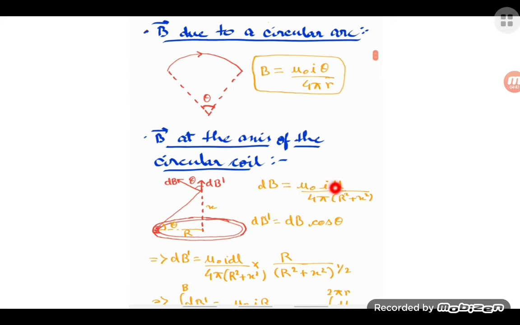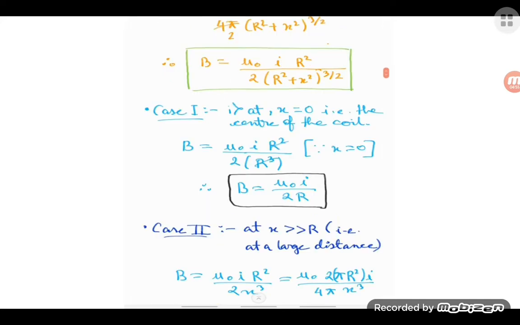First I have taken the contribution, then I have taken dB dash, that is dB cos theta. Next I have written the formula of cos theta, base upon hypotenuse, same. Then I have integrated the whole thing, and the resultant formula has come to be mu naught I r square upon 2 times (r square plus x square) whole to the power 3 by 2. This formula is very important.